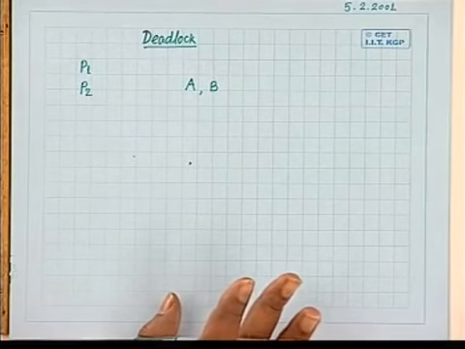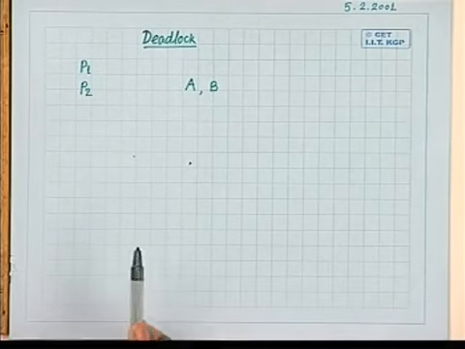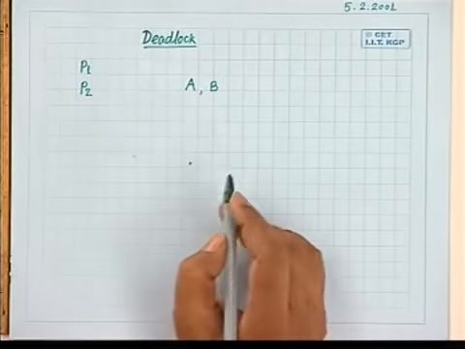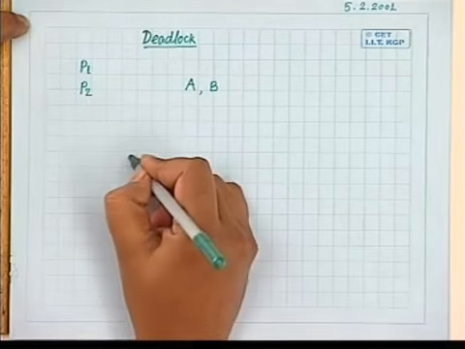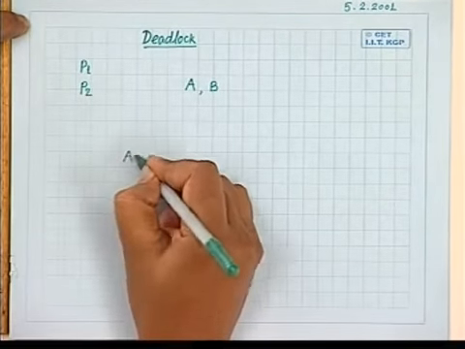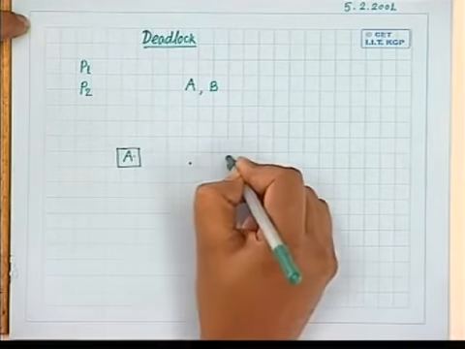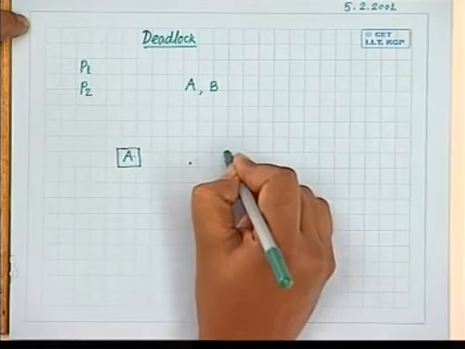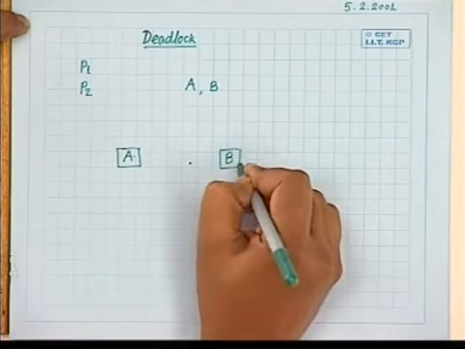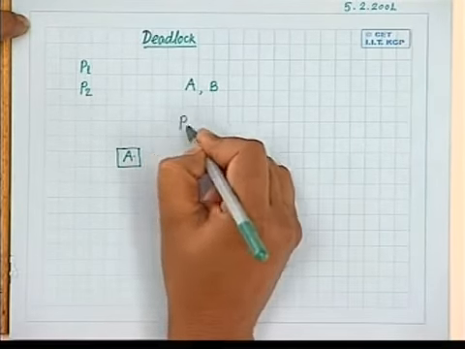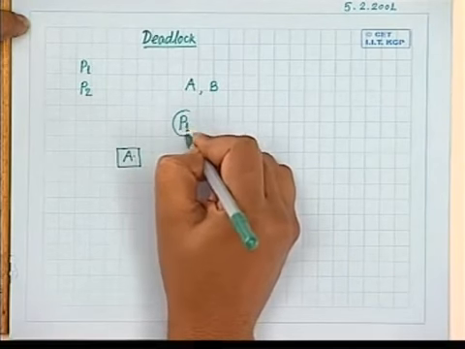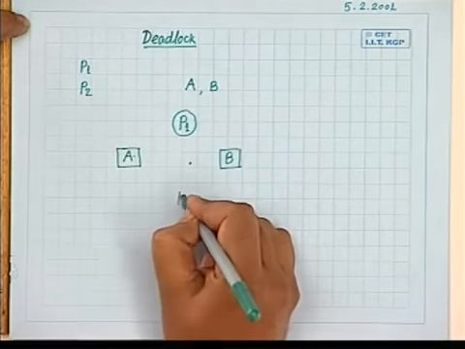Now, we can have a situation like this. Suppose P1 has acquired resource A. So, I have resource A, I have resource B, I have the process P1, I also have the process P2.